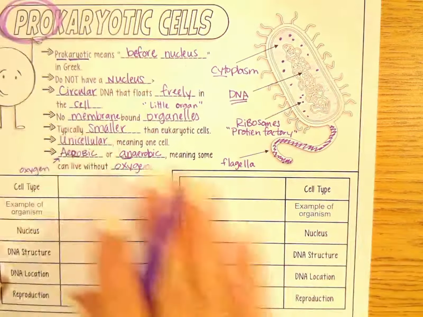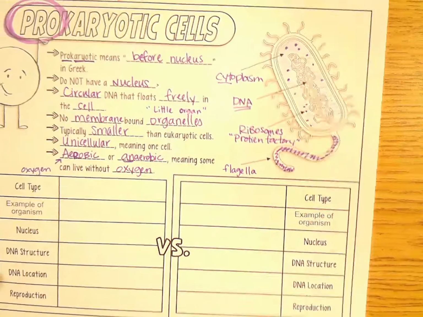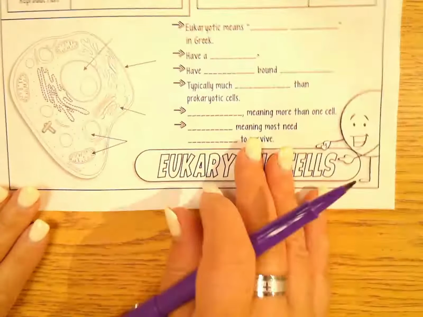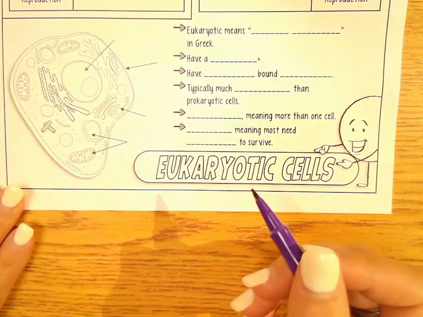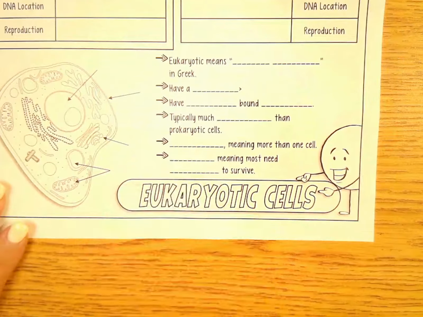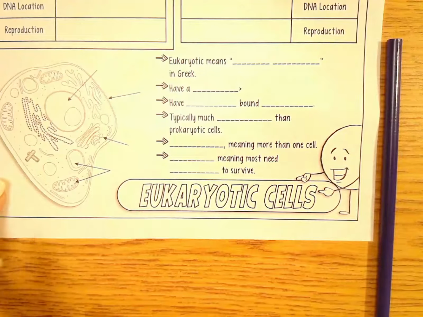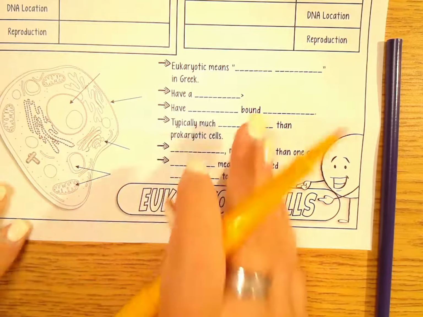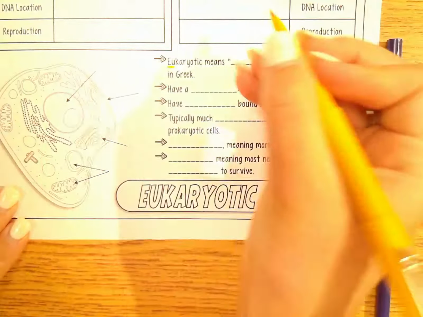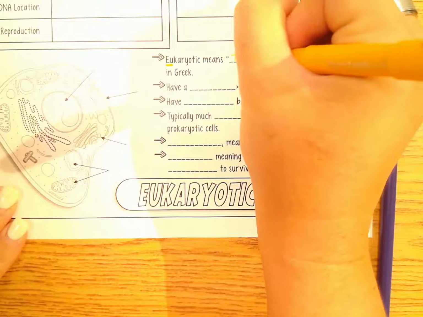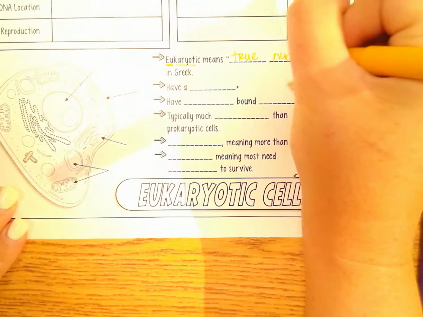All right, so we talked a little bit about prokaryotic. Now let's skip our little table for now, and we're going to come down here to eukaryotic. So eukaryotic, U means true, and karyotic we already said means nucleus.